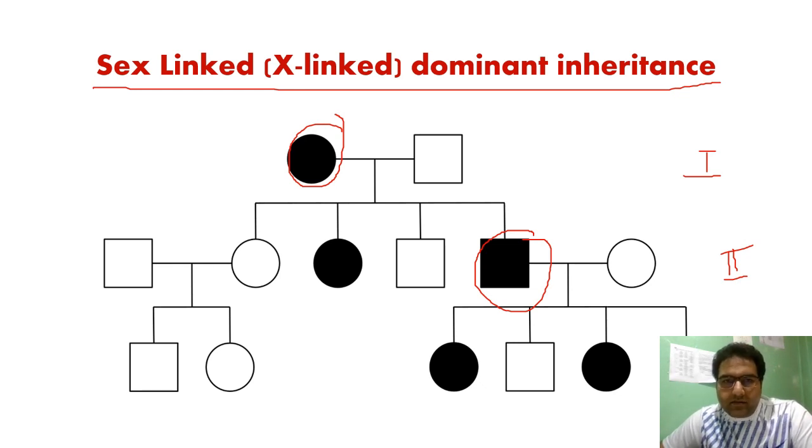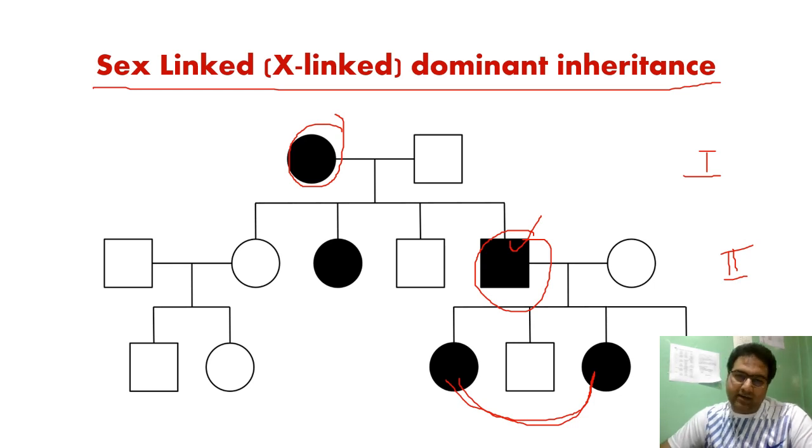And all daughters of affected fathers are affected. Here we are seeing that the father is affected, and both daughters are affected. So all the daughters of affected fathers are affected, but no son is affected if the father is affected.